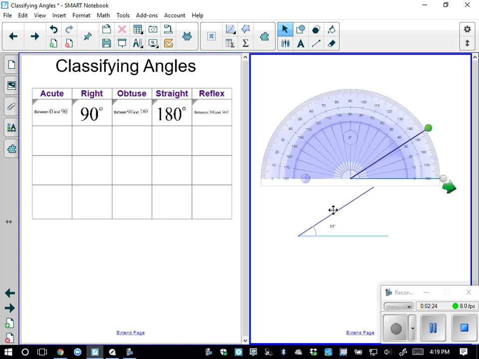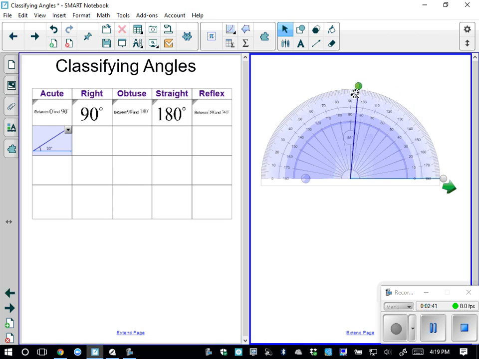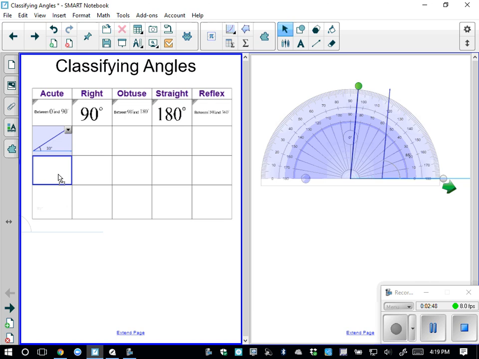This angle, according to my protractor, is a 33-degree angle, but it's also just between 0 and 90. So I'm going to put that in this picture over here. So that's what an acute angle is. And so there's lots of acute angles. They can even be almost 90 degrees. But if it's not exactly 90 degrees, it's still an acute angle. So like that is also an acute angle. We'll just stick it over there.